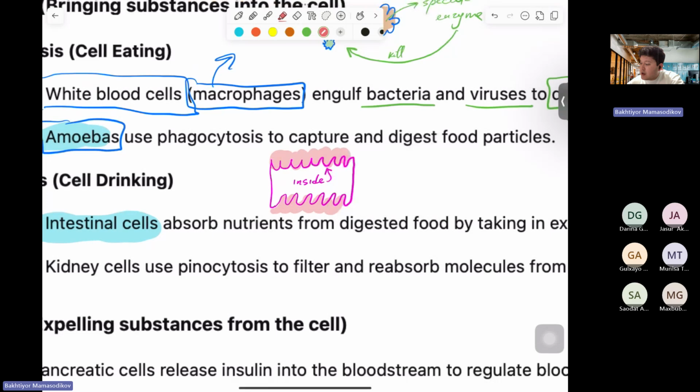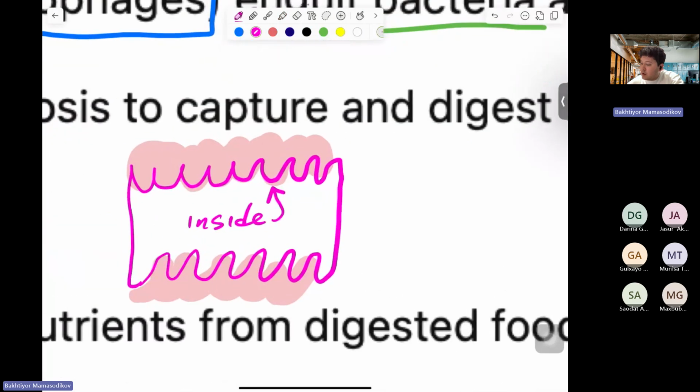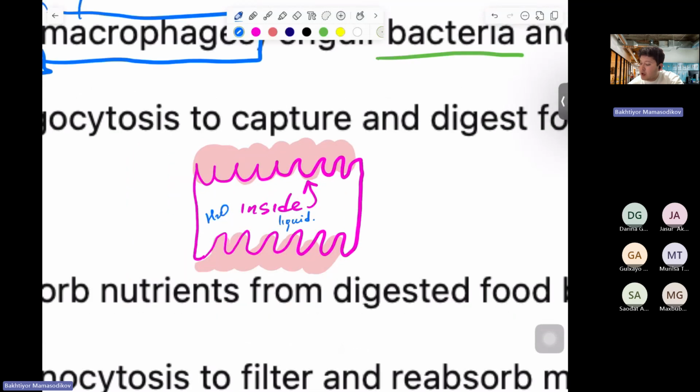When the nutrient or the water molecule, when the liquid is going to come, what are they going to do? They're going to absorb it.